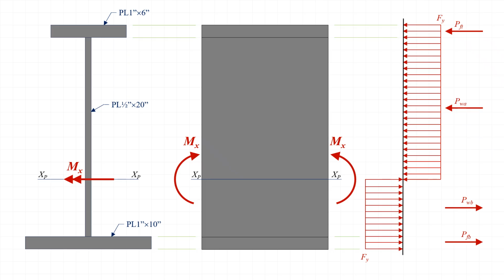If we have selected the correct location for the plastic neutral axis, then the sum of the force resultants above the plastic neutral axis will be equal to the sum of the force resultants below the plastic neutral axis, at least for the case of a beam with no axial force. This neutral axis for the plastic stress distribution is where the stresses change from compression to tension in the cross-section.